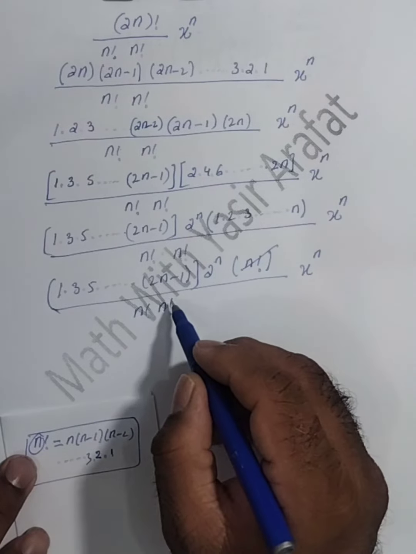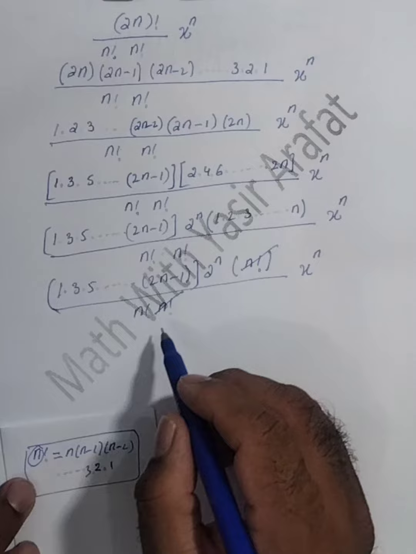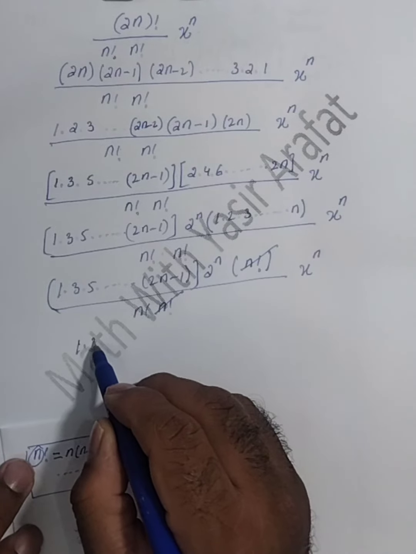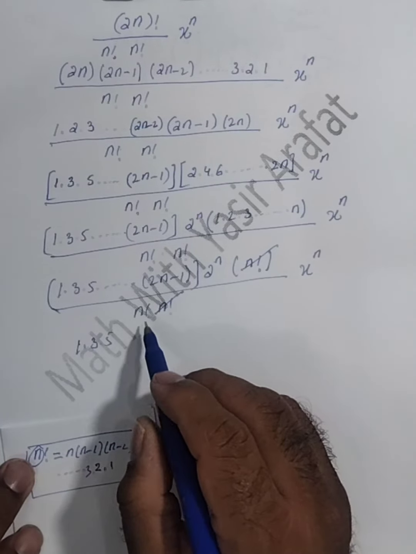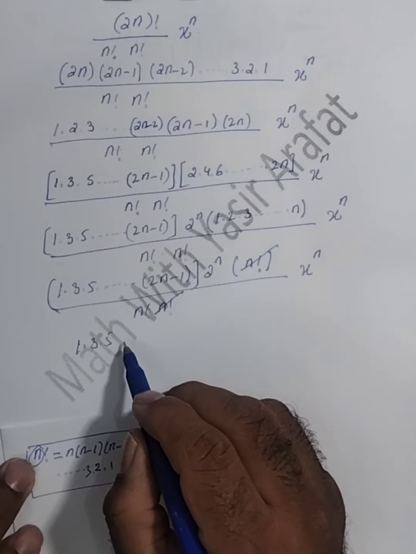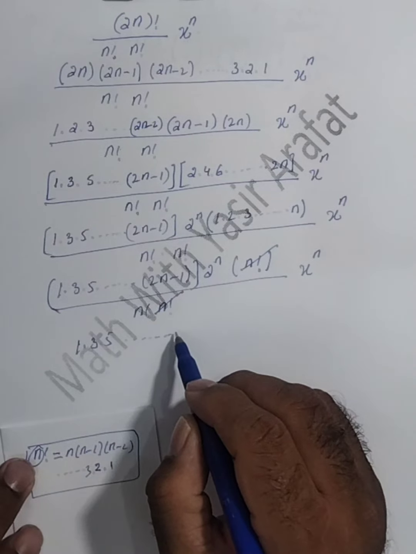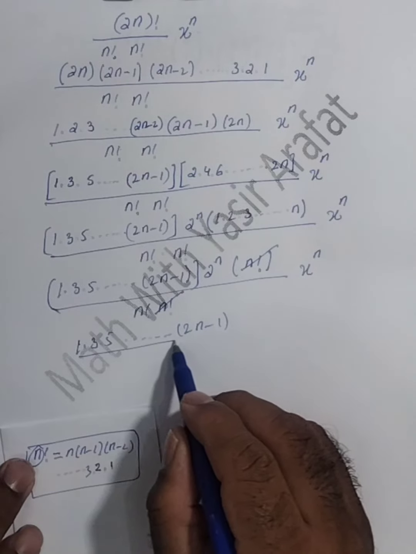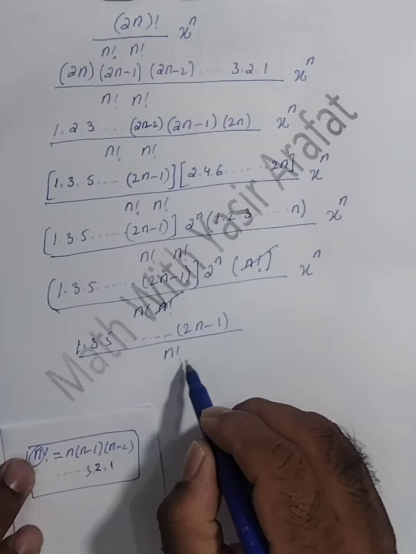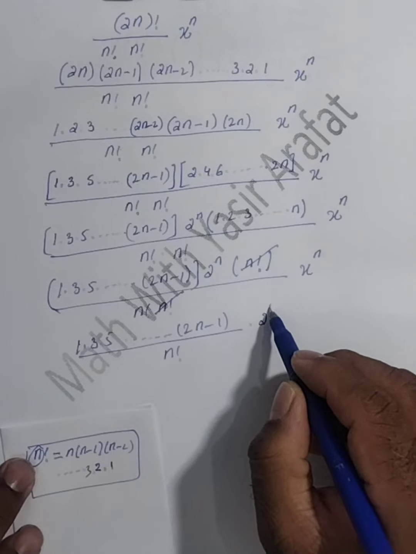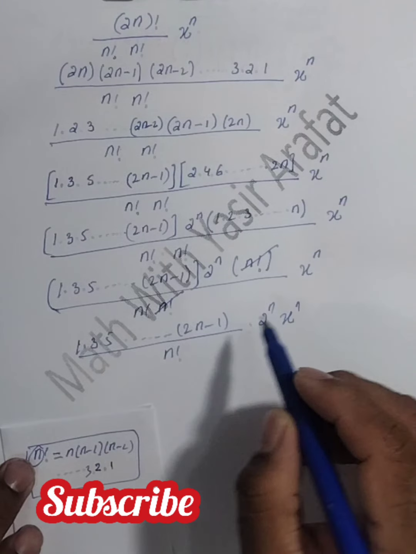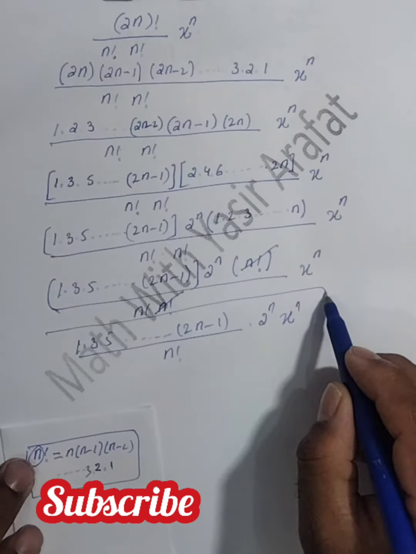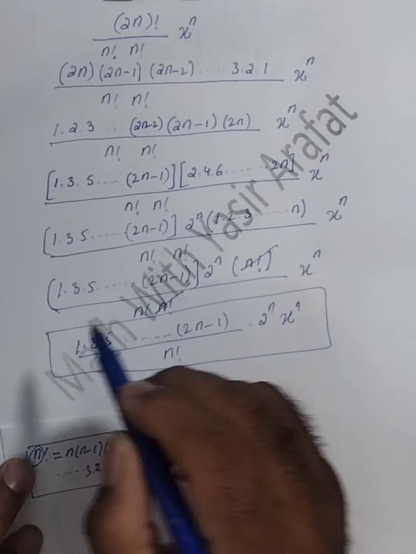So this n factorial will cancel out with this n factorial. So this is 1, 3, 5 and so on up to 2n minus 1, divided by n factorial into 2 power n, x power n. This is the required answer of this question.